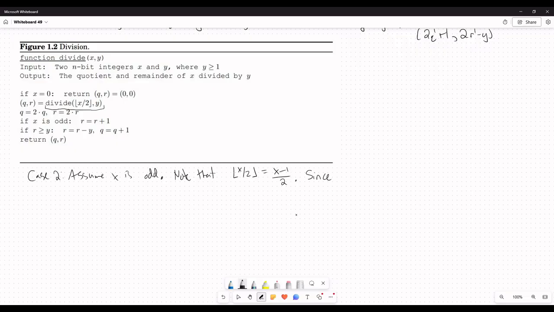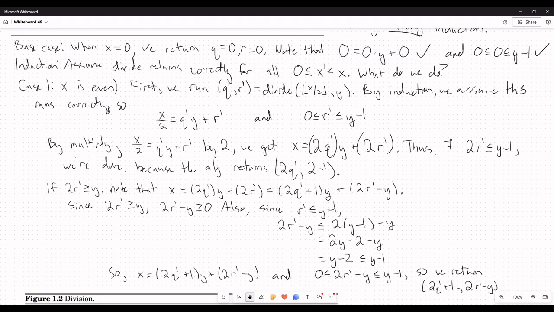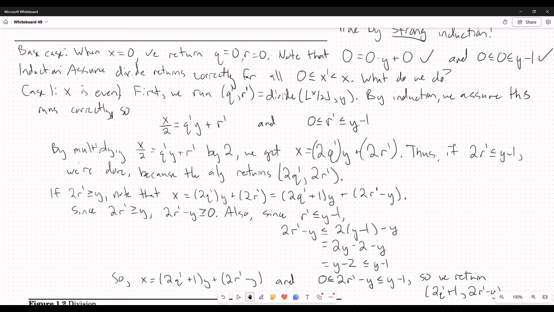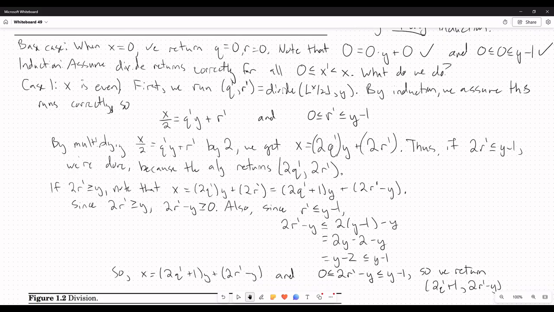And I didn't say this as clearly as I wanted to in the first step, so I'm going to say it slightly more clearly here. So we assume, as we set up here, that division runs correctly for all x prime such that 0 is less than or equal to x prime is less than x.